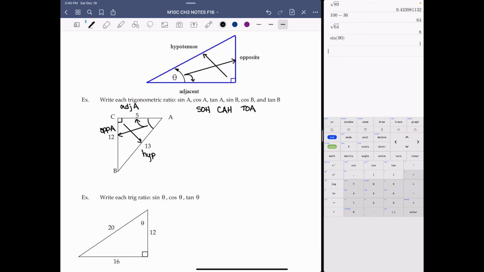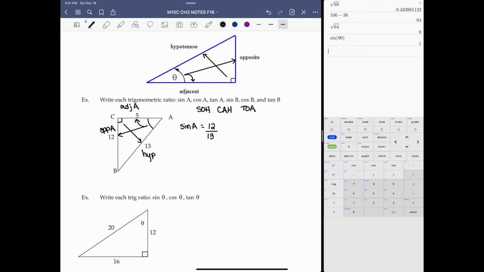First one, sine. So, S-O-H, sine is opposite over hypotenuse. Sine of the angle, which in this case is A, equals the opposite side. From angle A, opposite side is 12, divided by the hypotenuse, which is 13. Then sine A equals the fraction 12 over 13.